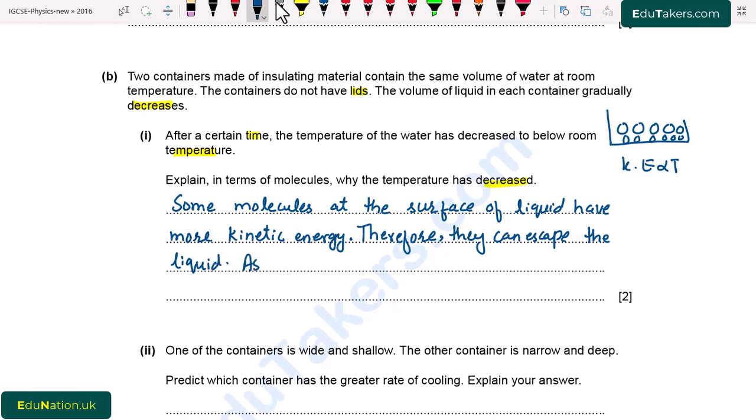As they escape, the average kinetic energy of the remaining molecules decreases.